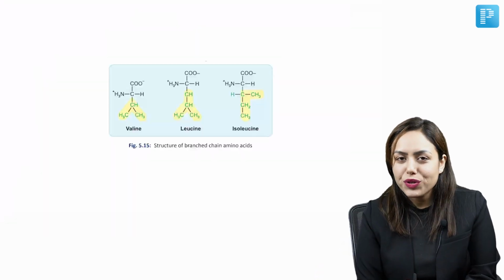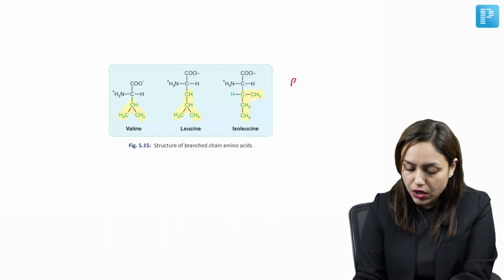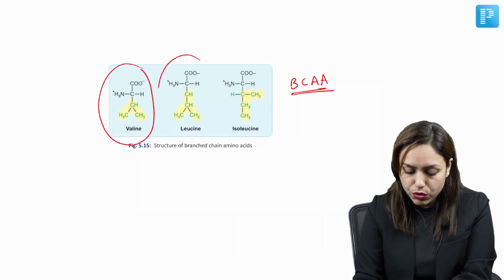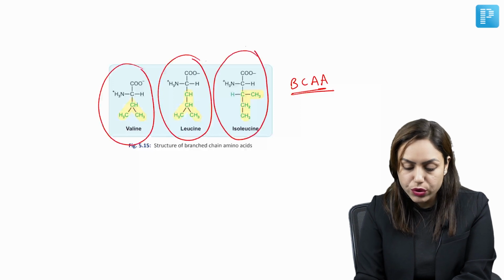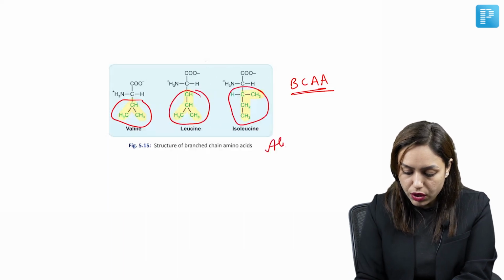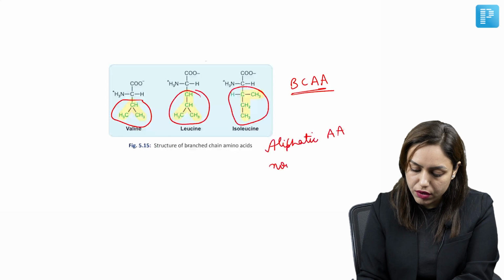So MSUD, maple syrup urine disease, involves branch chain amino acids. Branch chain amino acids are valine, leucine and isoleucine. You can see their side chain has a branch. These are also called aliphatic amino acids, and all the aliphatic amino acids are non-polar.